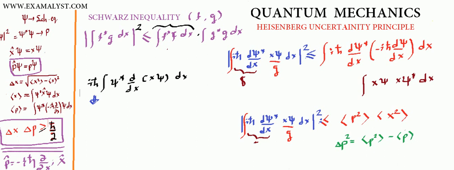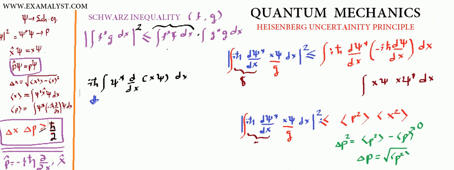Now if somehow this second term is 0, then the uncertainty in p is equal to the root of the expectation value of p square.